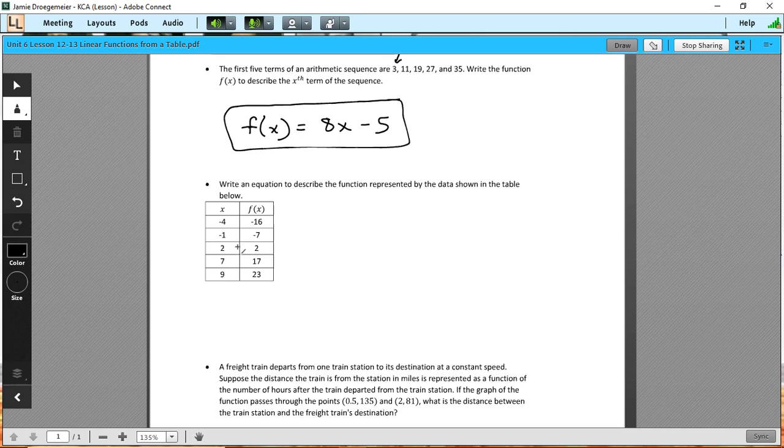In this case, our table doesn't show us the y-intercept. But if we look to find the slope, the difference between our y values, negative 16 minus negative 7. Well, negative 16 minus negative 7, that's the same as negative 16 plus 7, which would be negative 9.